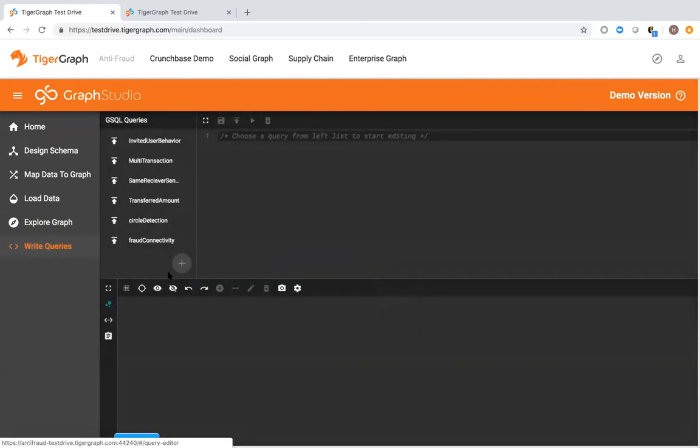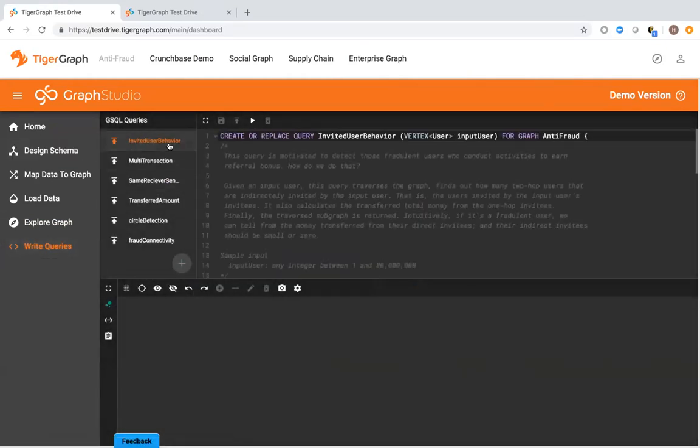Let's take a look at the queries. The first query is called invited user behavior. A user can refer another user and receive a referral bonus. Some users may open fake accounts to earn referral bonus, and we want to detect those fraudulent users. Generally, fake accounts have few transactions, and they don't refer anyone else.